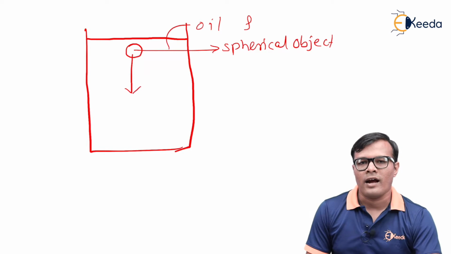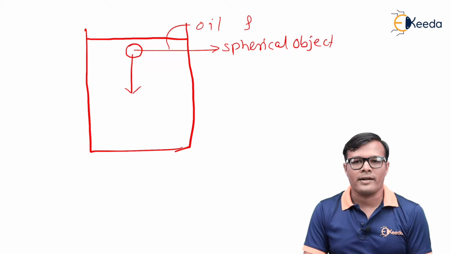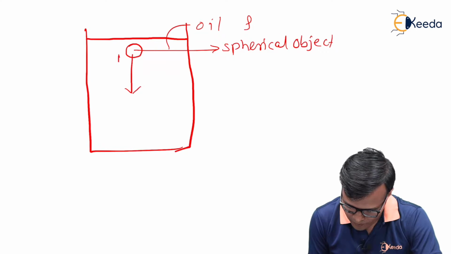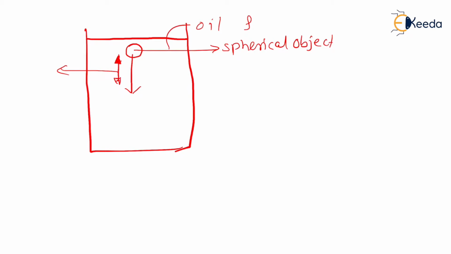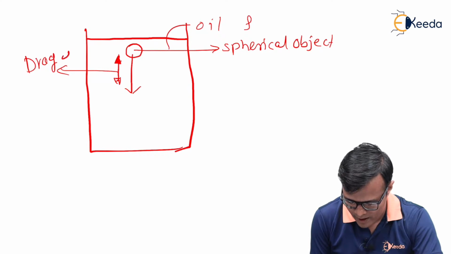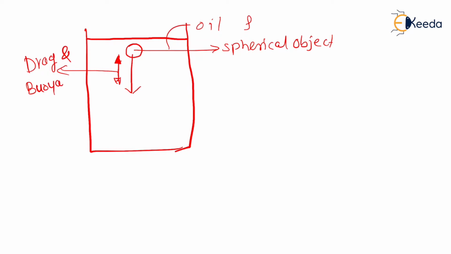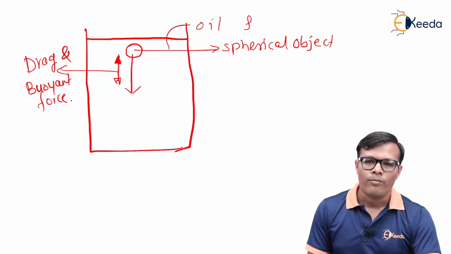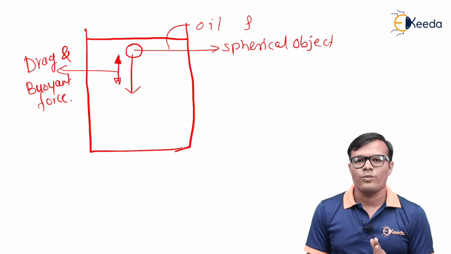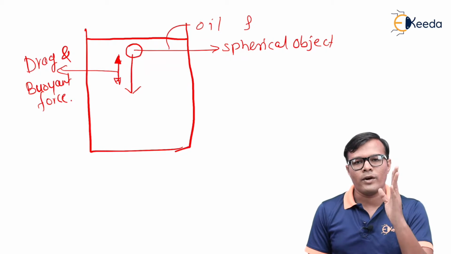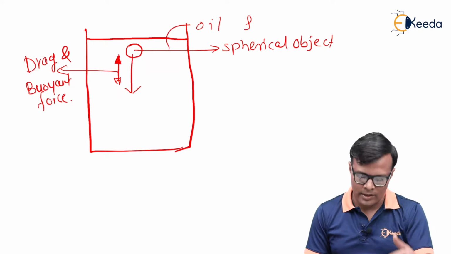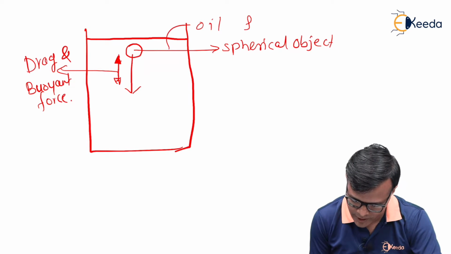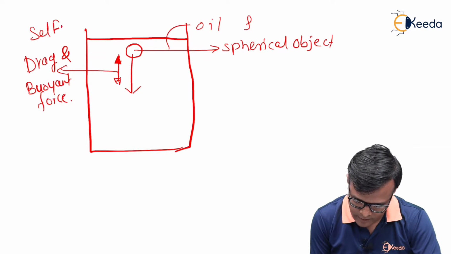So it is clear that there are two types of forces acting: a drag force in this direction, and buoyant force. Buoyant force is trying to move the spherical object in the upward direction. Drag force is trying to drag the spherical object, as well as its self weight, in the downward direction.